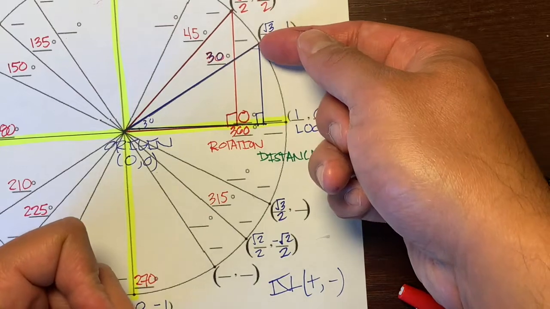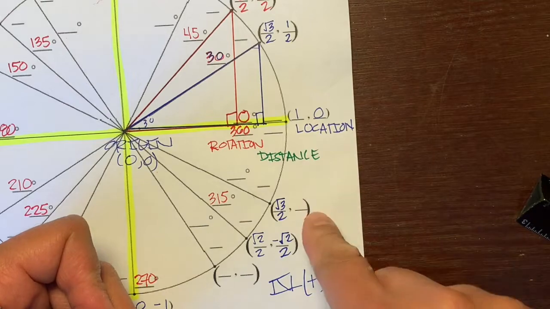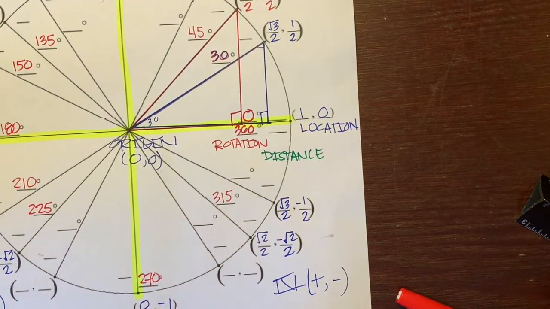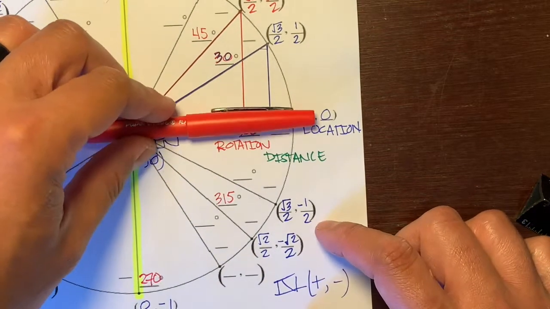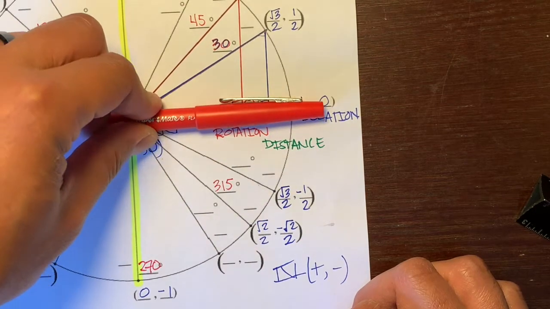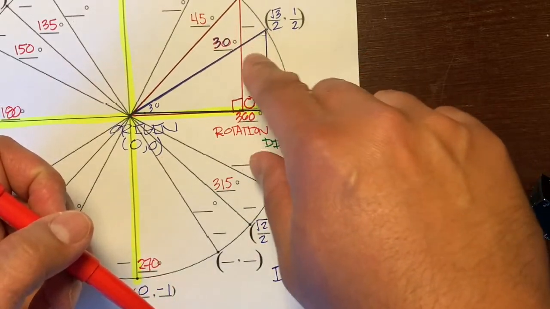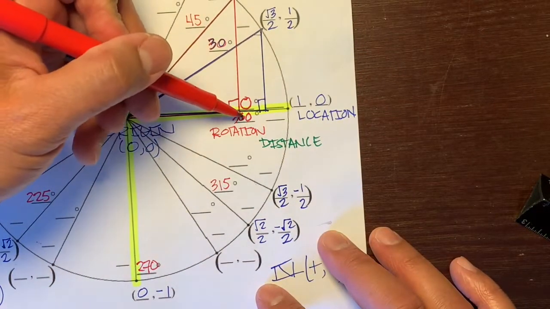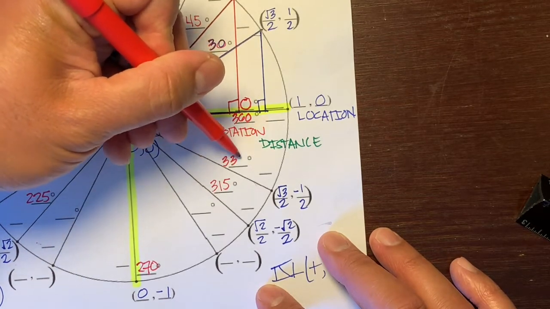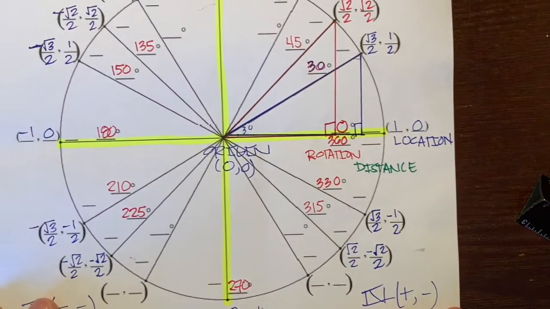And because the y value, the vertical, changes, this would be negative 1/2. And the rotation, if we went all the way around, that would be 360 degrees, but we're not going to go all the way. This is based off of this 30-degree angle. So this would be 360 minus 30 degrees, which is 330 degrees. All right, so we're getting there.